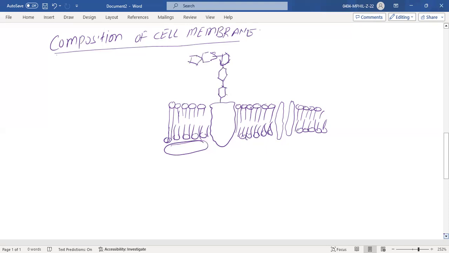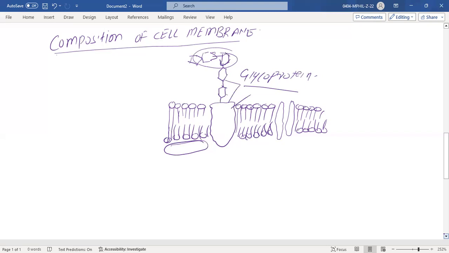So here you have a number of components. Like this is what we call glycoprotein. Why glycoprotein? Because it is the glucose here. On the one side you have sugar in the carbohydrates, and here you have a protein, so it is called glycoprotein.